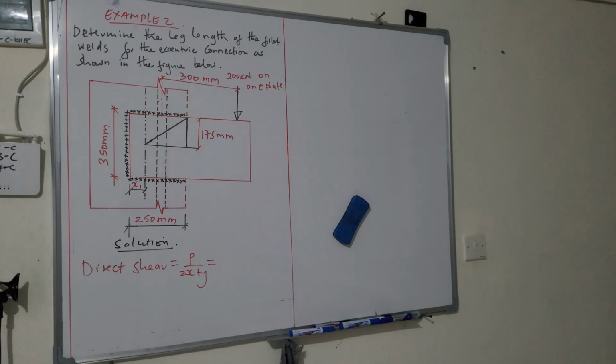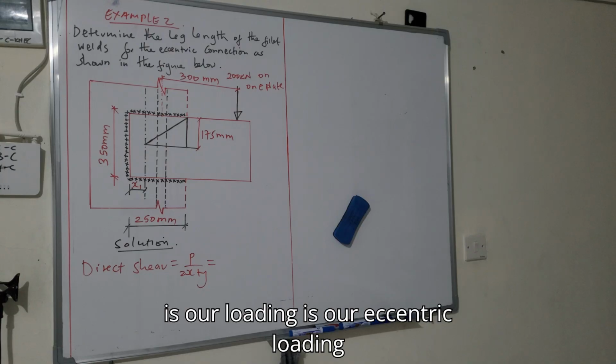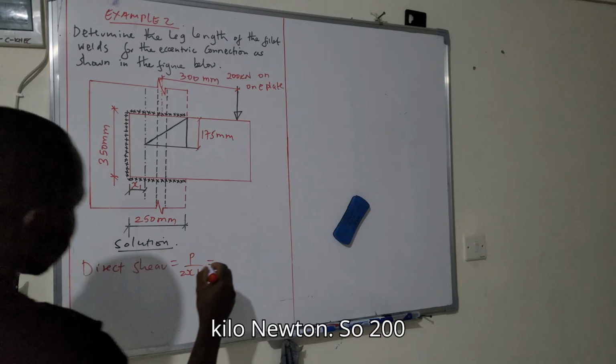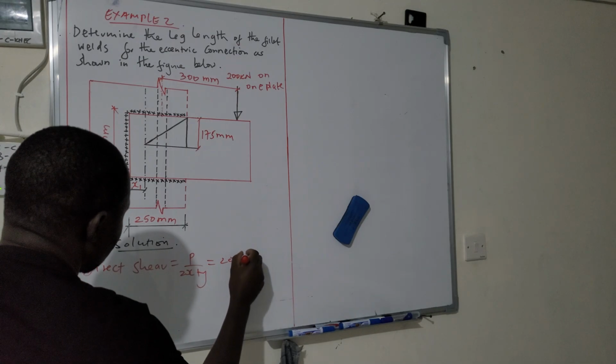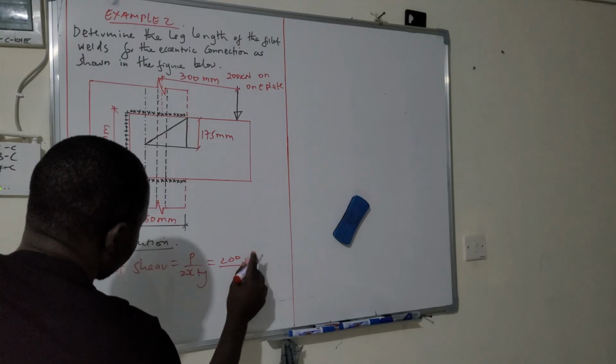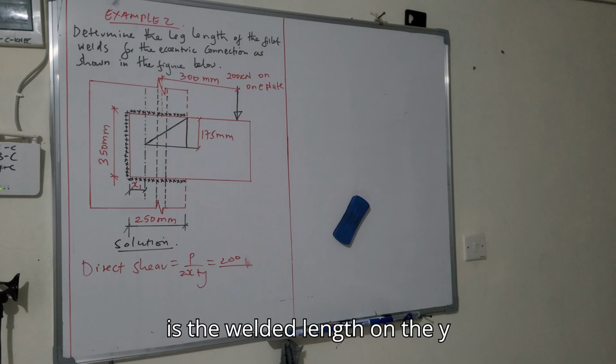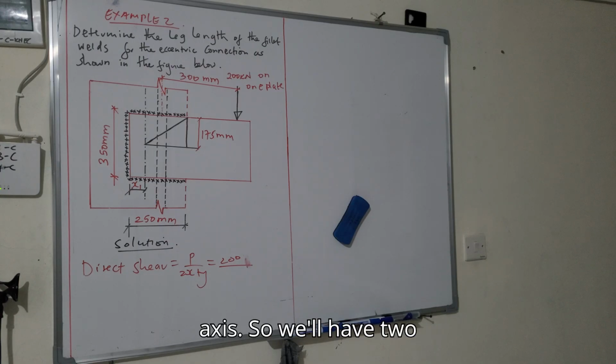Our P is our eccentric loading on the plate, which is 200 kilonewton. x is the welded side on the x-axis, and y is the welded length on the y-axis.